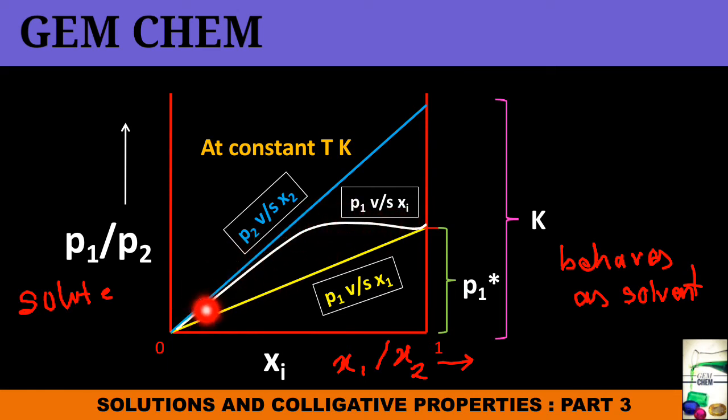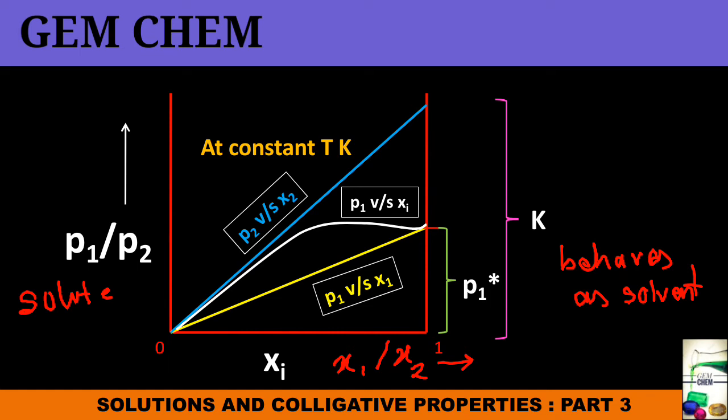So very close to 0, the gas behaves as solute and follows Henry's law, whereas very close to 1, it follows Raoult's law and behaves as solvent, right? And in a binary homogeneous solution, there are two components, right? Liquid solvent and solute. So x1 and x2 on addition give us 1.